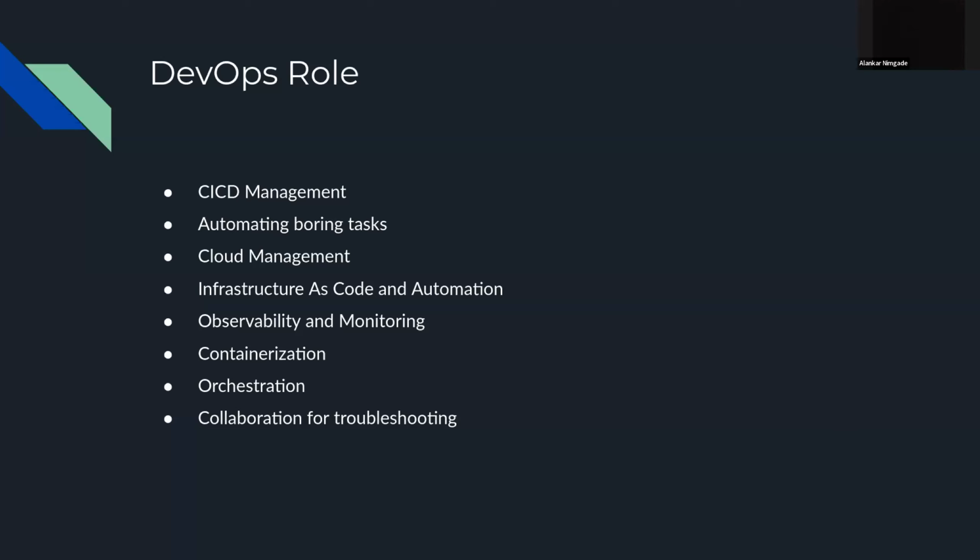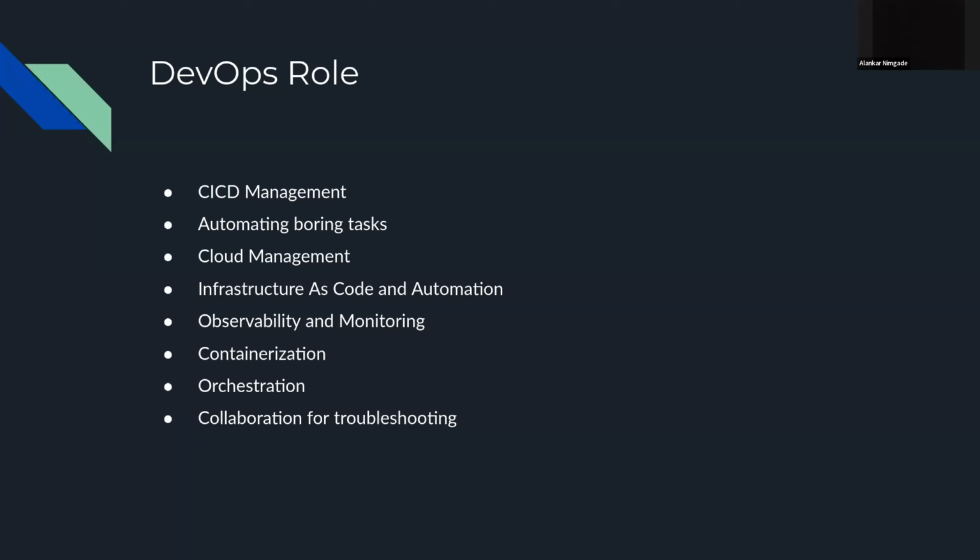Containerization is one of the main important things of DevOps, so you have to learn containerization. We will look into it in the next slide. Dependent on that is orchestration: how would you orchestrate hundreds of containers? We will also see this in the coming slides.